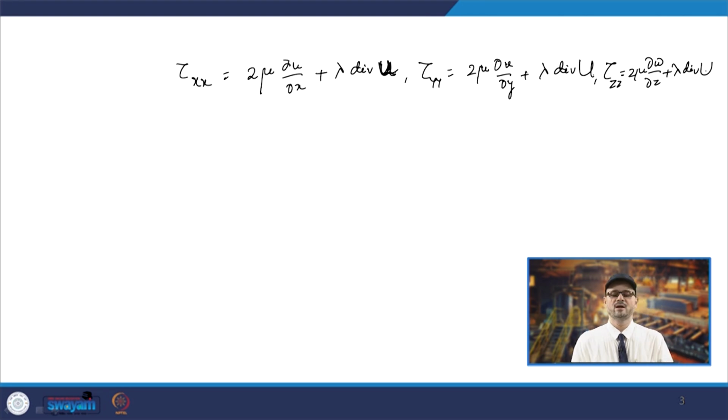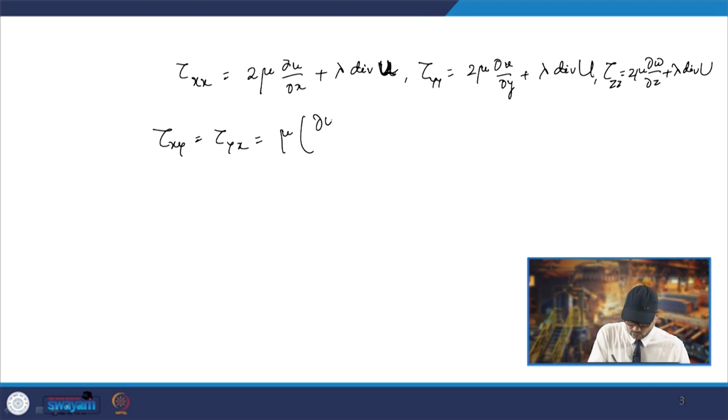So, that way we have these 3 stress components, and out of the 9, 6 are independent. Basically, tau xy will be taken as tau yx, and this will be mu times dou u by dou y plus dou v by dou x.